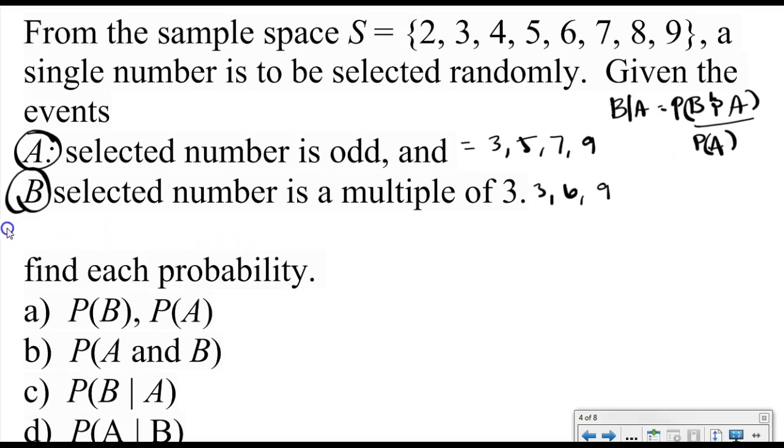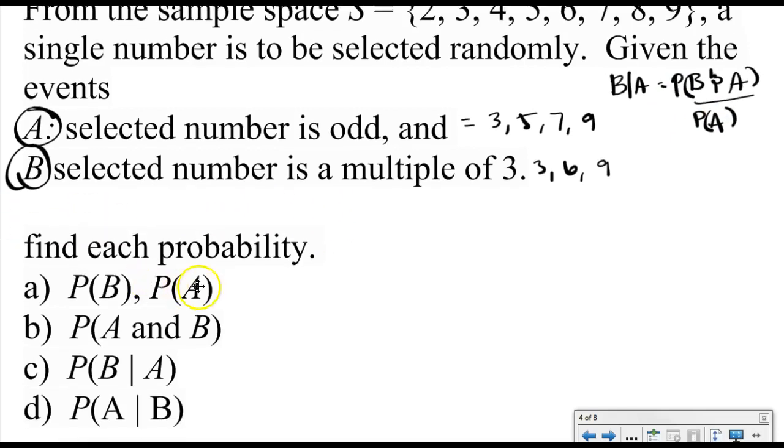Okay, so for example, what is the probability of event B? The probability of event B is that it's a multiple of 3. I count up how many total I have: 1, 2, 3, 4, 5, 6, 7, 8 numbers, and there are 3 of them. So it would be 3 over 8, which simplifies to 0.375. The probability of A is 4 over 8, which simplifies to 0.50.